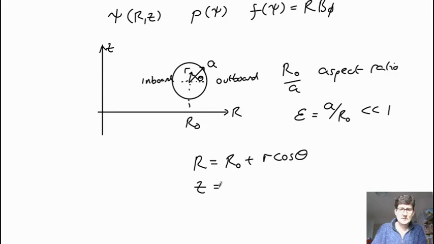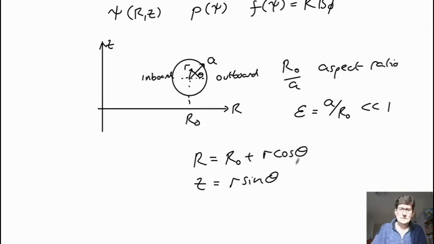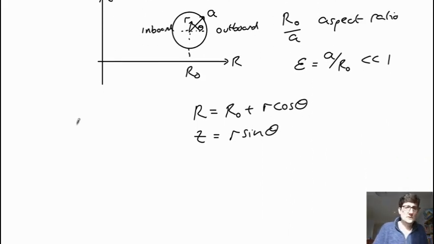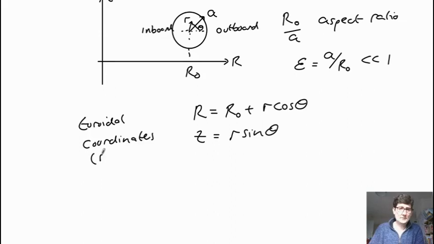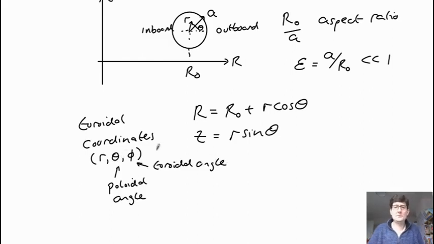And of course z is just r times sine theta. So we're transforming from r and z, so capital R and capital Z, into little r and theta. This is the toroidal coordinate system, which in total is r, theta, and phi. So we have minor radius, poloidal angle, and toroidal angle. And here, because we're looking at equilibrium solutions which are constant in toroidal angle phi.